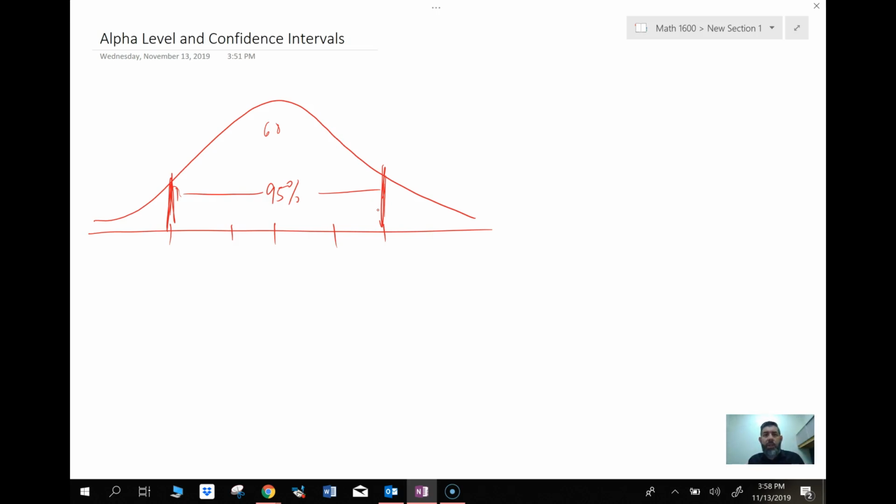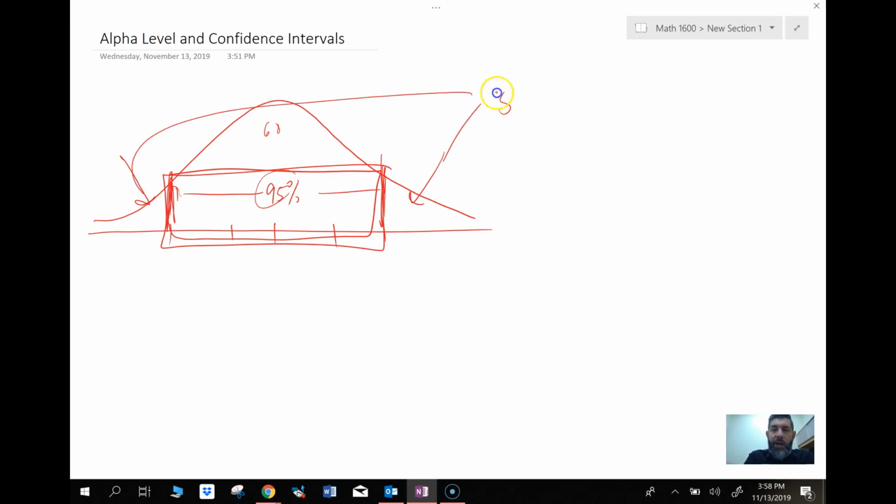So what probability would that need to be? Well, it would need to be not in this middle part. What probability or less would let me say, you know what, it's not in here, it's out here somewhere, which makes it really rare? That's what's left over from 95, which is 5%. What's left over, this plus this, is 5%.